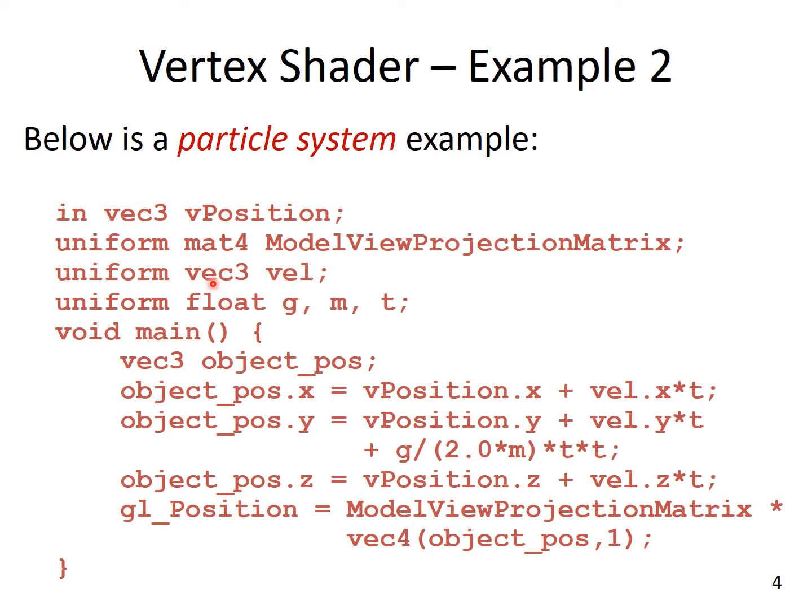And we have float variables gravity, mass, and time, and we also have a velocity variable. Note that all three values of the position of the particle are being affected, and the final value of the particle is multiplied with the projection matrix to produce the final position and store it in gl_Position, which is the inbuilt variable.